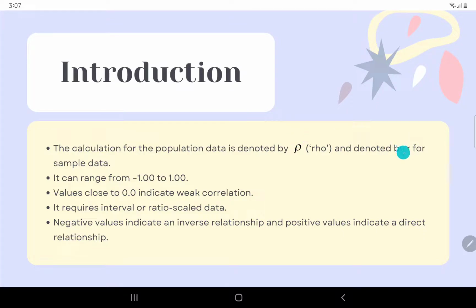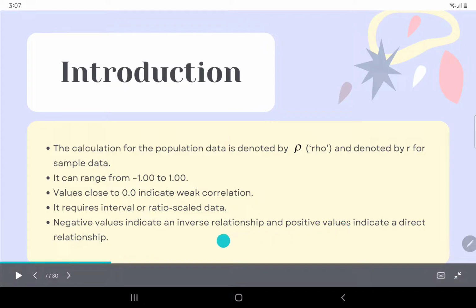Okay, rho and R. Okay, rho and R can range from -1 to +1. Okay, if the value is close to 0, it indicates the weak correlation. The negative value indicates an inverse relationship, and positive value indicates a direct relationship.